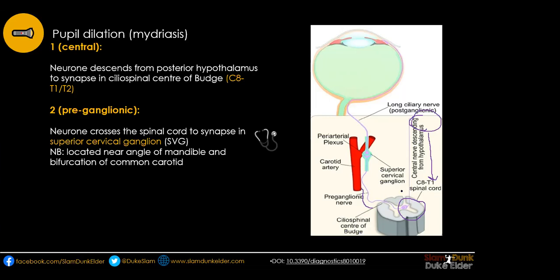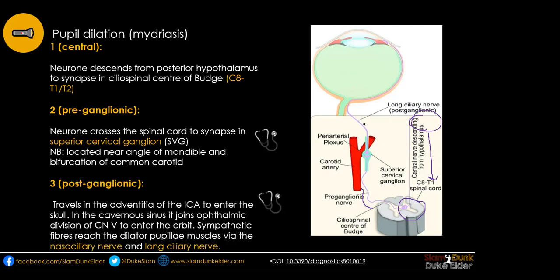So from the ciliospinal centre of Budge, we cross the spinal cord, we course up to synapse in the superior cervical ganglion, and that's located near the angle of your mandible and at the bifurcation of the common carotid.